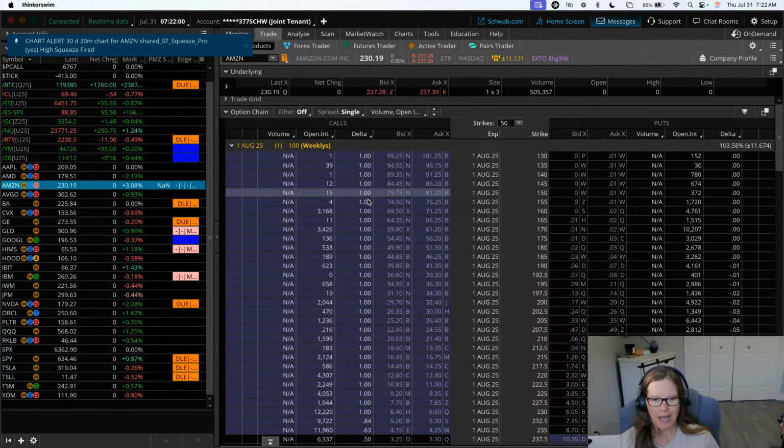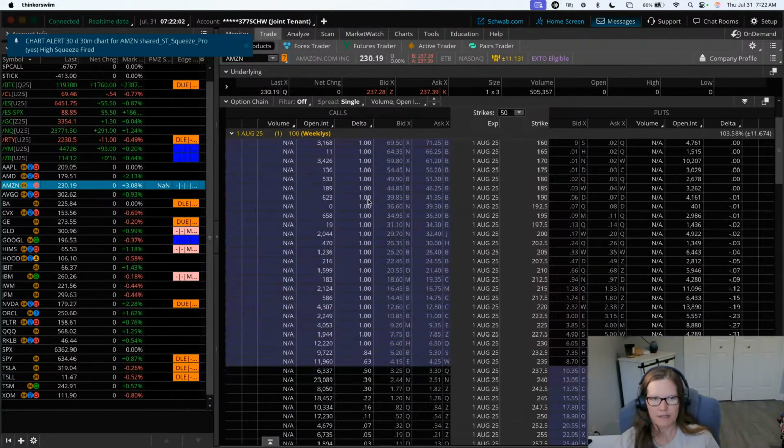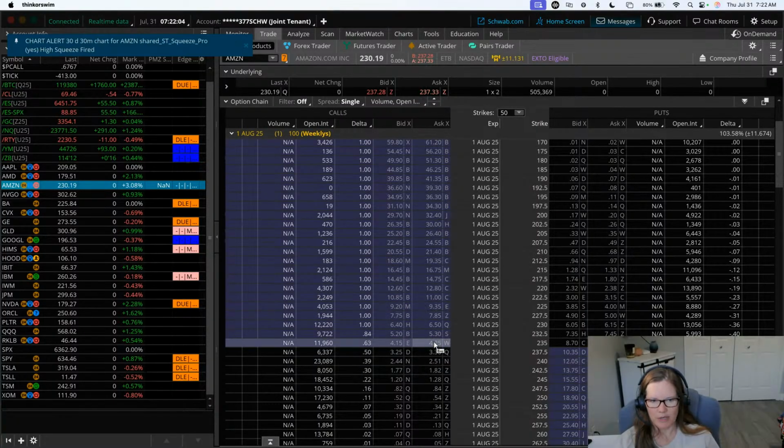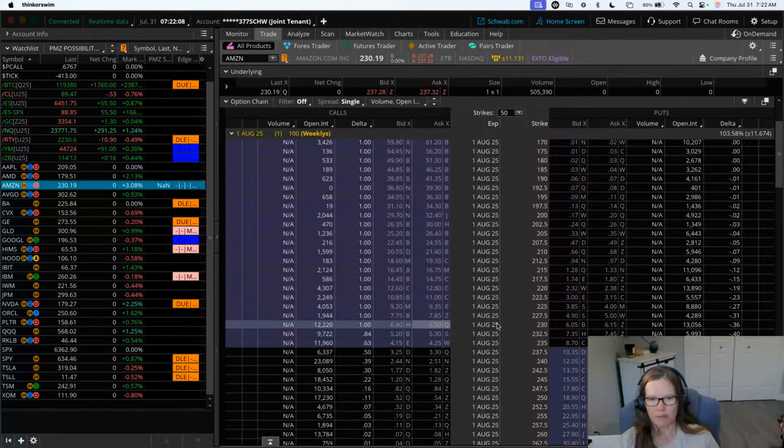So your at the money options price with only 2 days to expiration is going to be much higher than what it typically would be. And actually, this would be the at the money price because Amazon closed at 230 yesterday. So this is way higher than what would be typical. Usually you'd see about $2, $2.50 at the money.